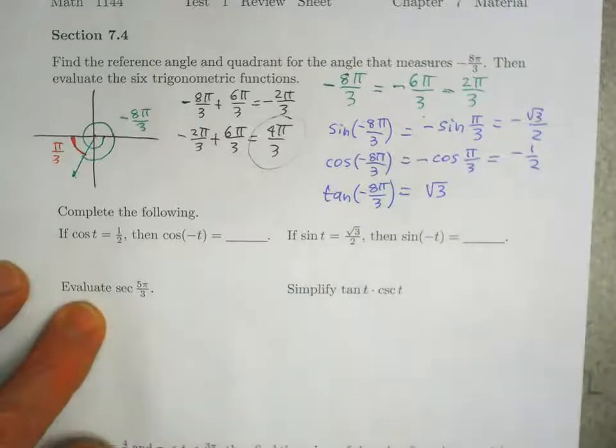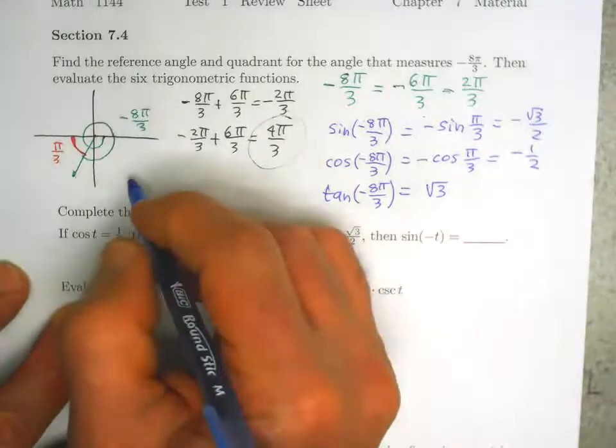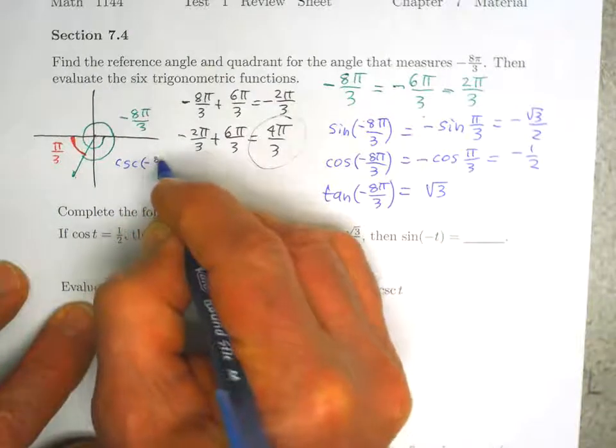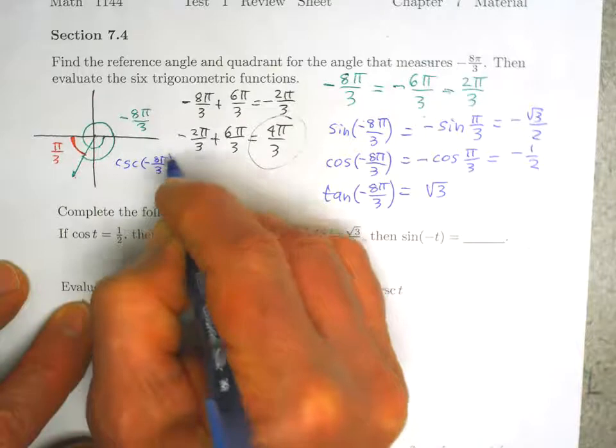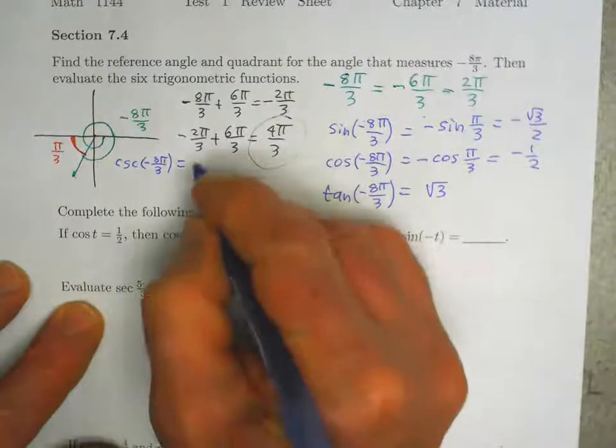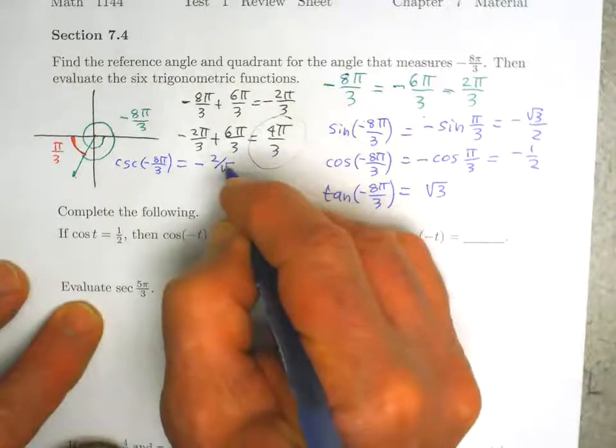Okay, so we might as well write down the other 3 functions. Cosecant of negative 8 pi over 3 is the reciprocal of sine of negative 8 pi over 3, so negative 2 over the square root of 3.